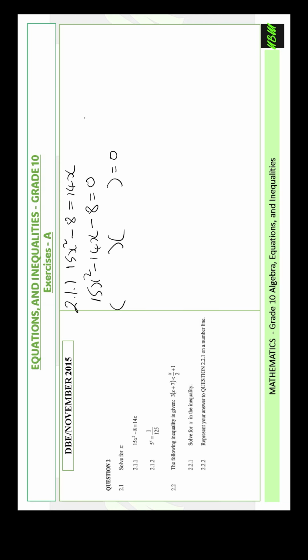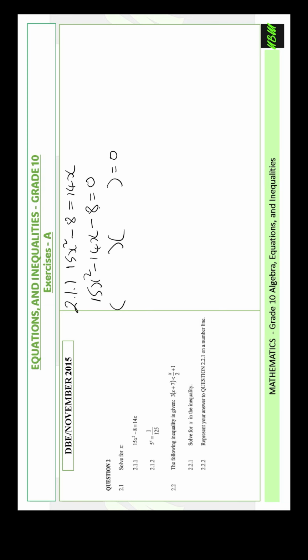If you cannot do it by inspection, do it step by step. You will never get it wrong if you do things step by step. So the first step, we are going to take the coefficient of x squared, which is 15, and multiply it by the last term, ignoring the sign.